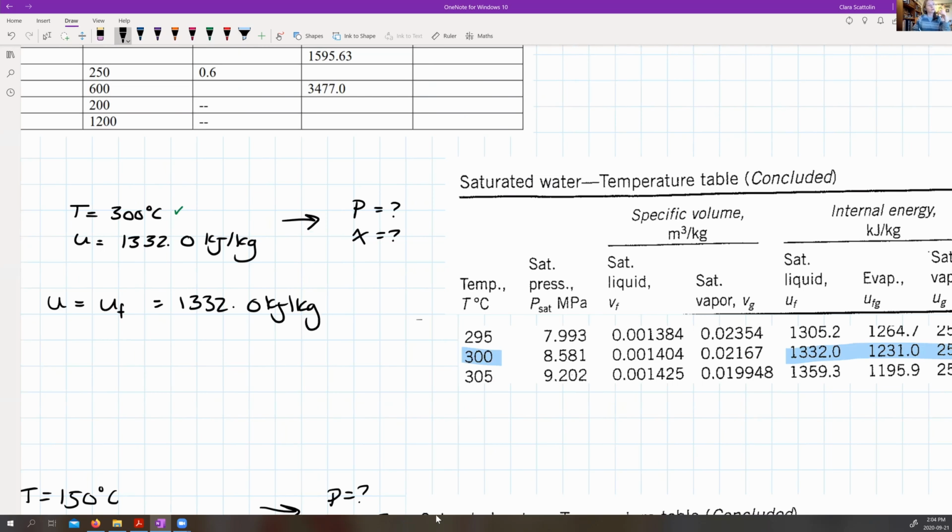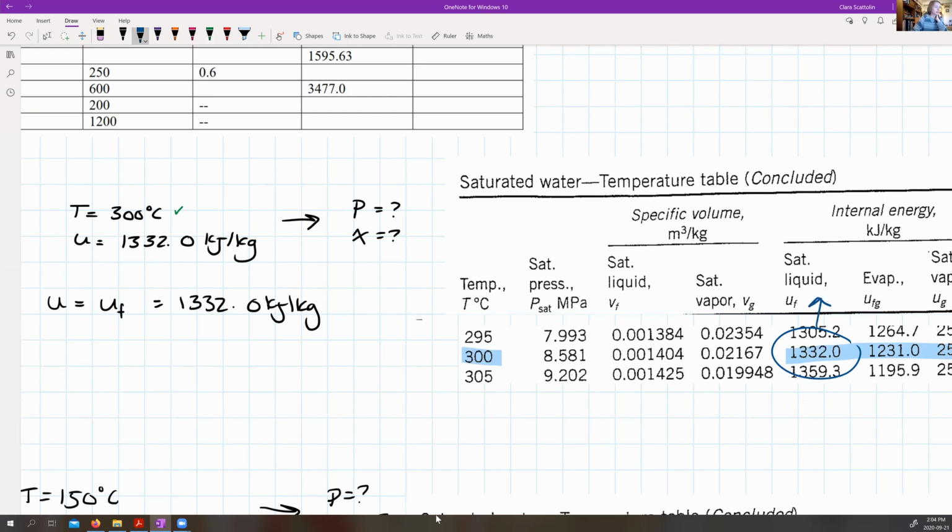This question is for picking out different kinds of points on the graphs. So if I look here, U, 3,333, is equal to my UF. What does that mean? That means that my point is a saturated liquid.